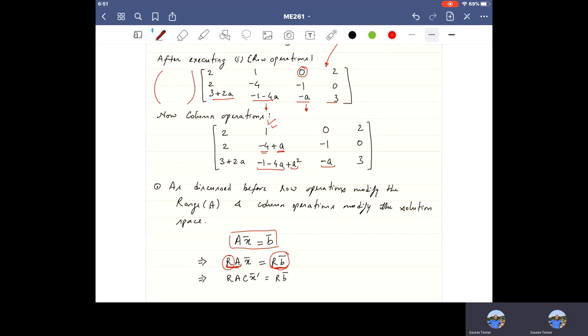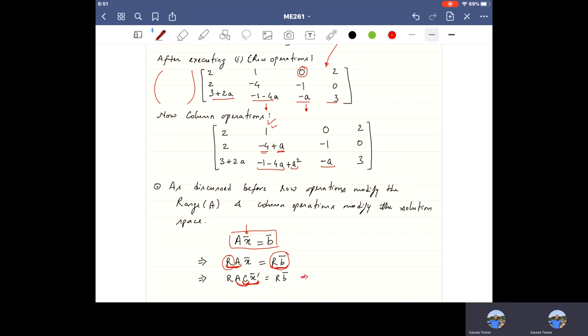In the same way, I can modify the representation of the x vector by using this matrix C times x prime, which will be like modifying A by performing column operations.